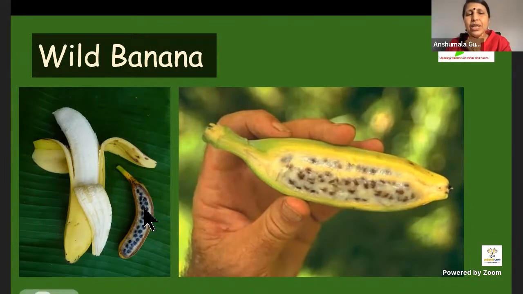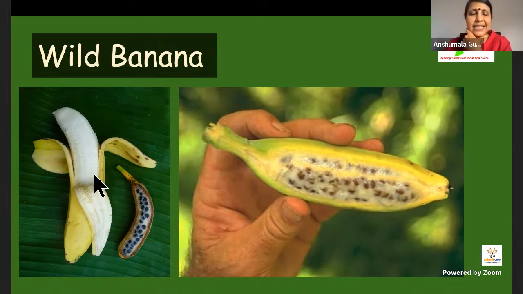The banana we eat today has nearly negligible seeds. The seeds are so tiny, they won't even grow a new plant. And the pulp is so much, we are interested in the pulp. So now we have turned wild banana into this only for pulp's sake and sweetness sake. But now we can't grow it with seeds. We have to grow it through cutting, which means every generation we are producing clones or carbon copies.